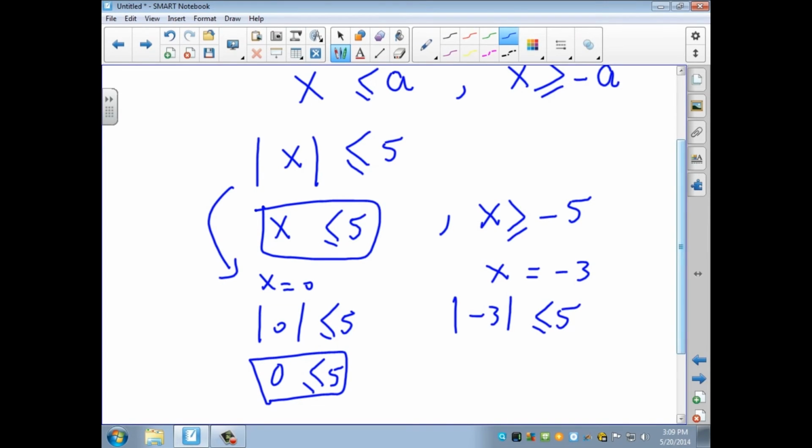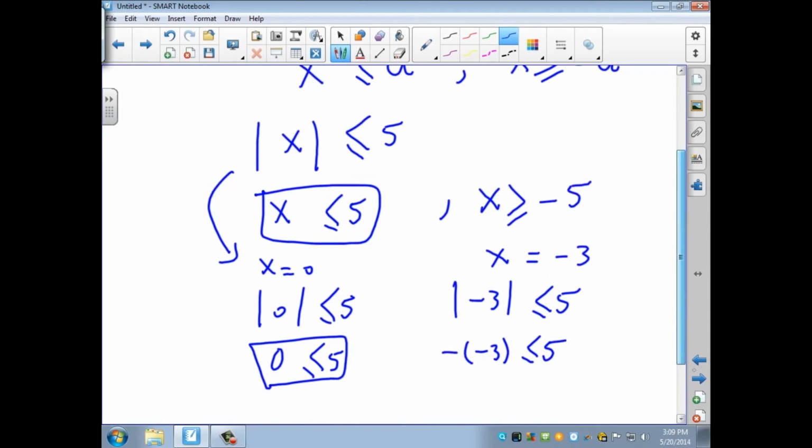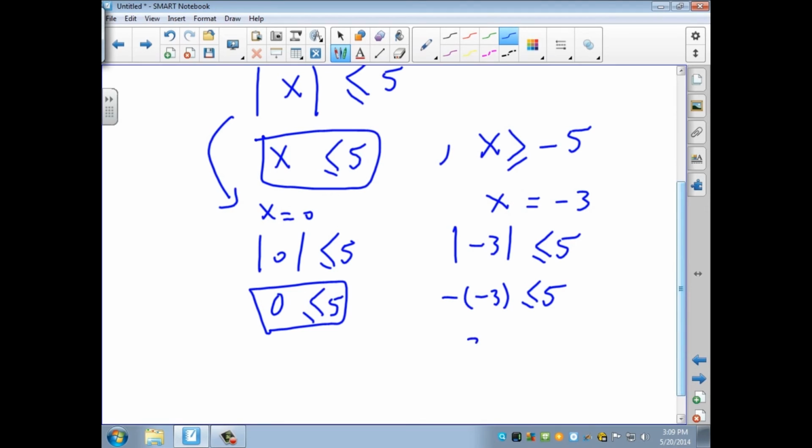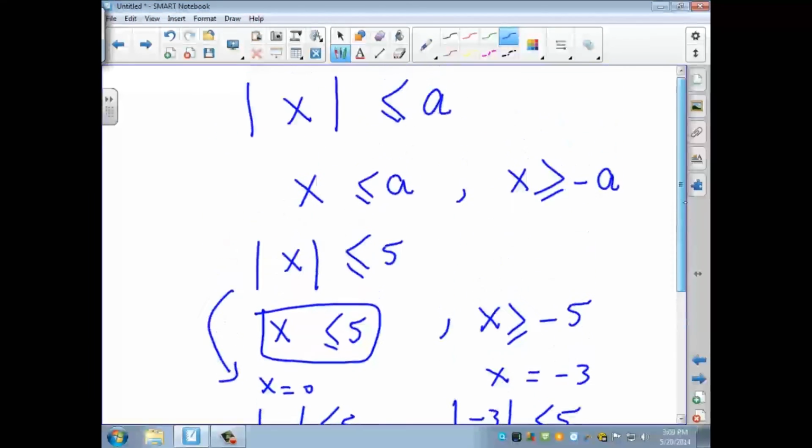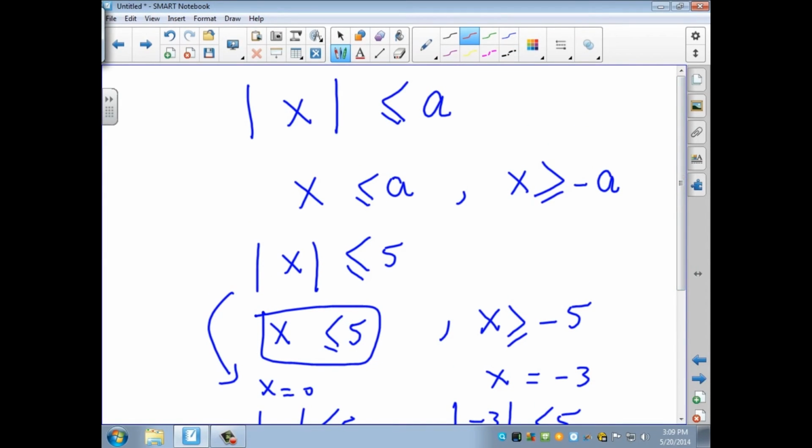The absolute value of negative 3 is the negative of negative 3, which is 3. And that is less than or equal to 5. Okay? Therefore, this relationship is correct.